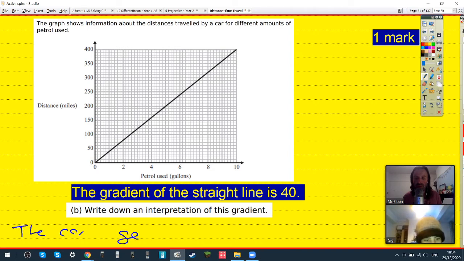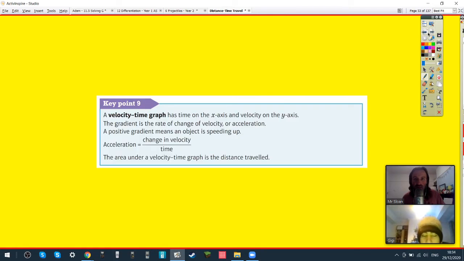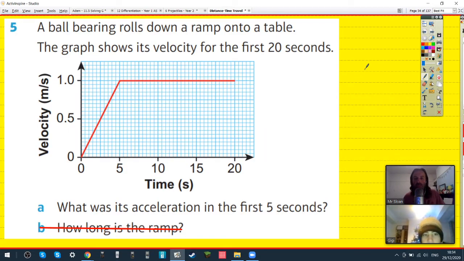Yep, so the car gets 40 miles per gallon. Distance per gallon, miles per gallon. Okay, let's just jump in. How about this one?